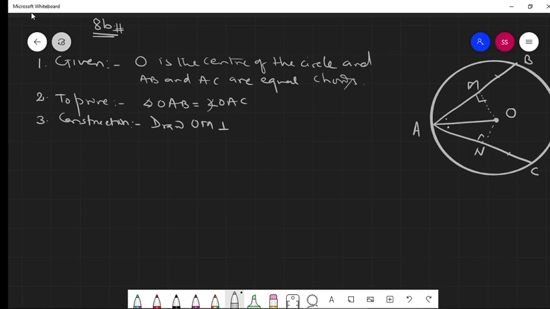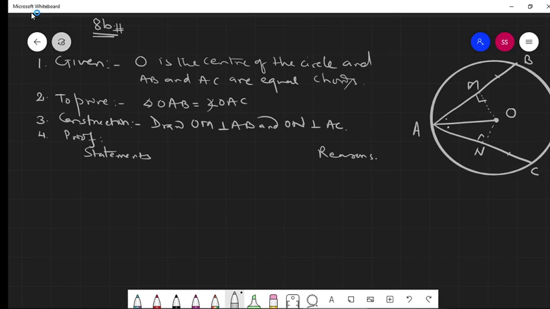Now prove: this side is statements and this side reasons. In statement number 1, here also in these two triangles we have to compare.